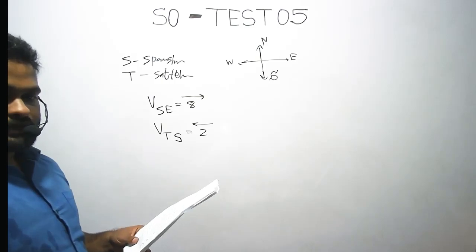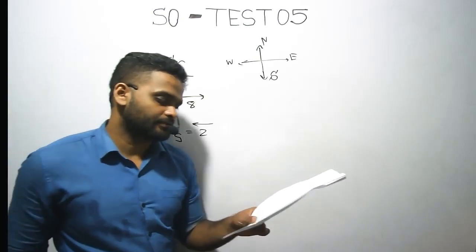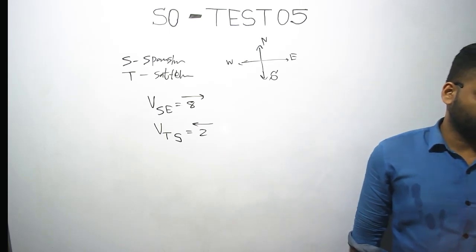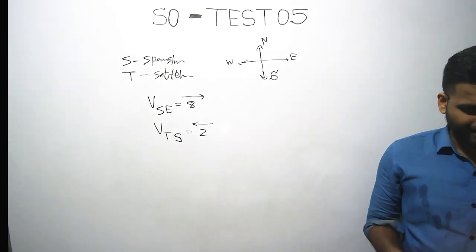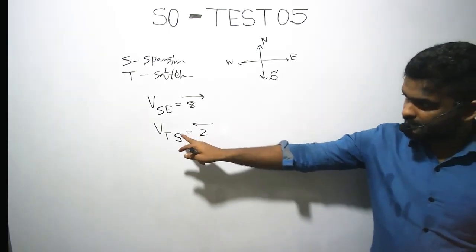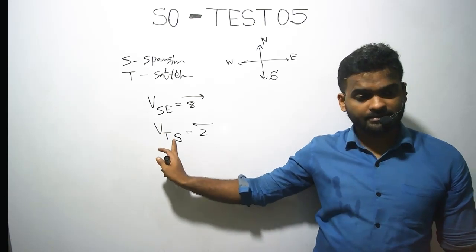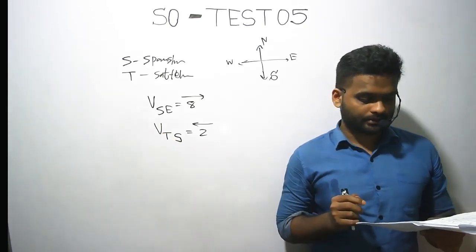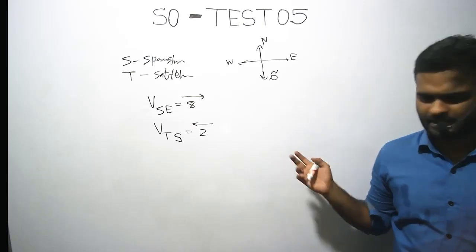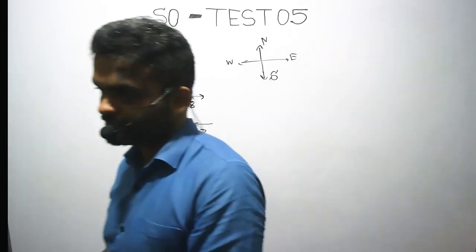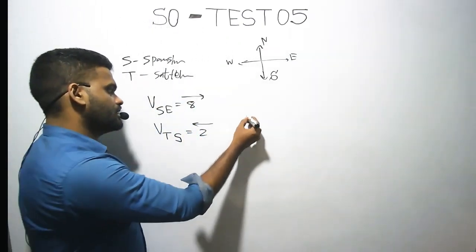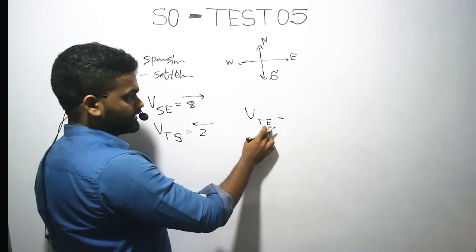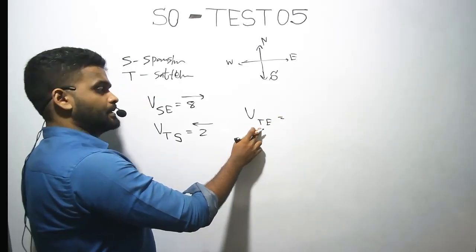At the moment of release, what is the velocity of the satellite relative to an observer on Earth's surface? So what they ask is the velocity of satellite T relative to Earth. Just apply the same equation there. They ask VTE.